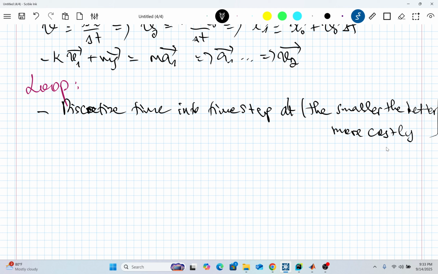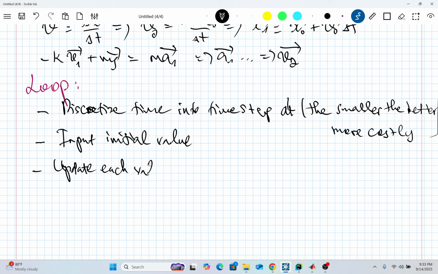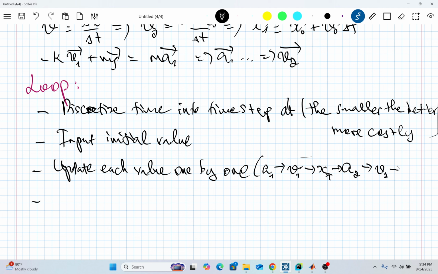And then you will input initial values. Then you will update each value one by one. For example, you can update the A, then you get the V, then you get the X. From A0, V1, X1, then you use the X1 till you get A2, then you get V2, you get X2.